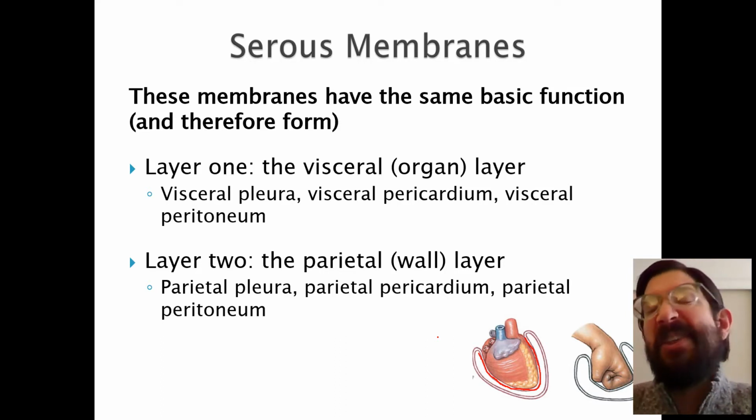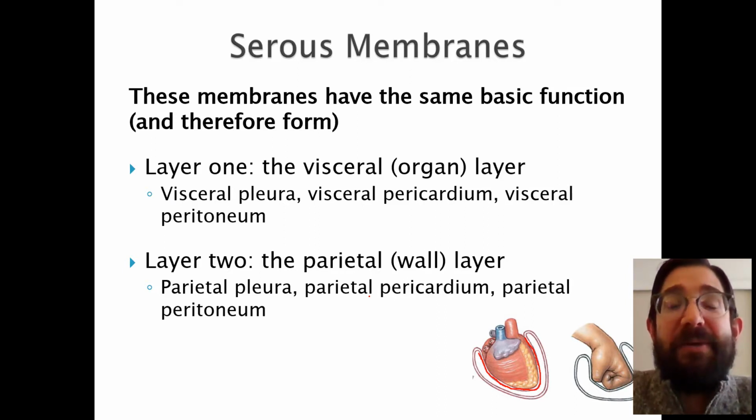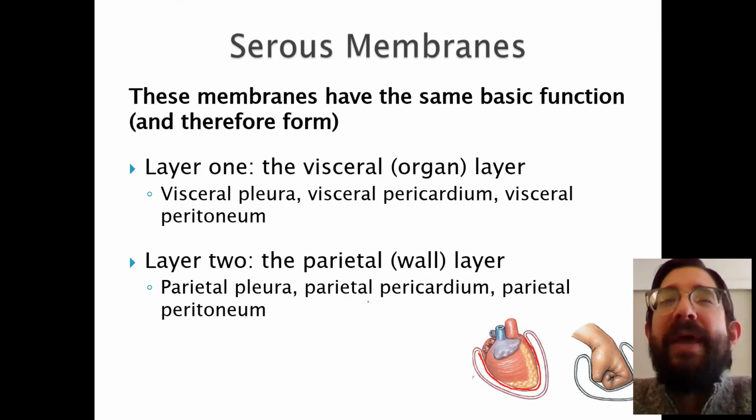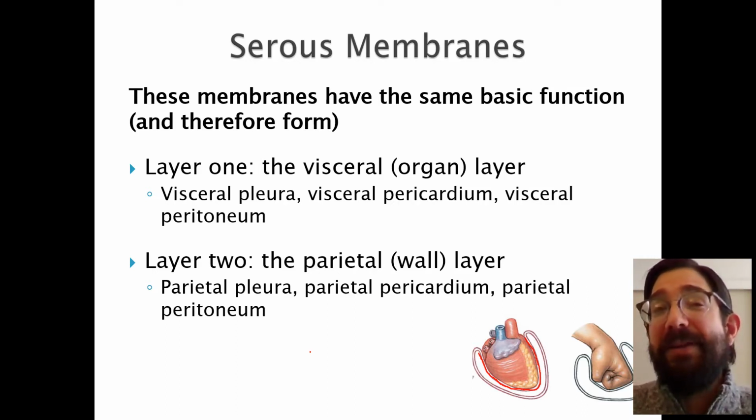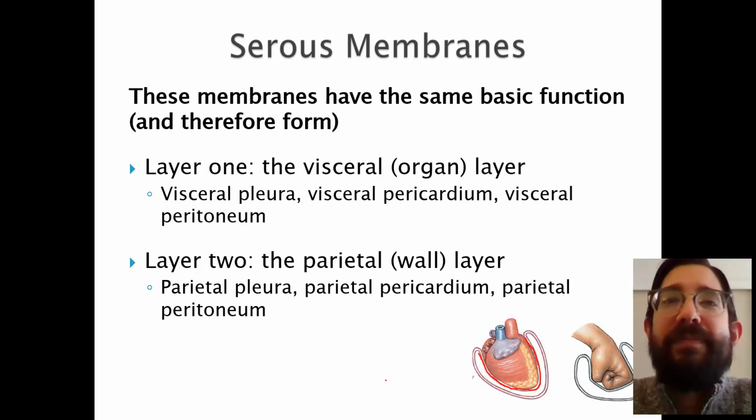If you are eviscerated, then you have removal of your organs. If you have a visceral response to something, it's like a very powerful, comes from deep within you, from your organs perhaps. So it's a visceral response. Parietal means wall. Like these bones on the side of your skull are your parietal bones. So they're the outer walls of your skull.